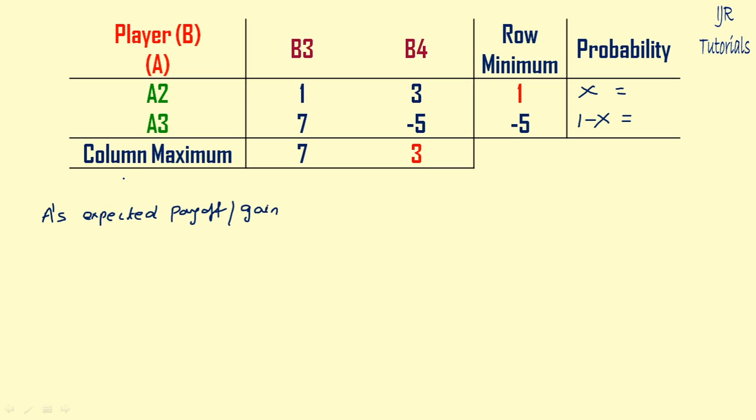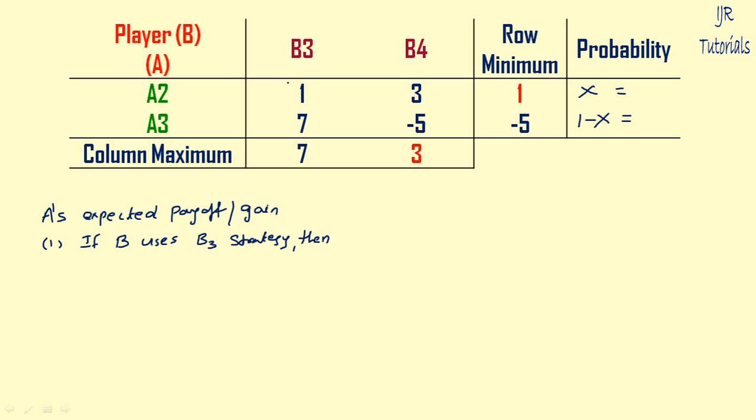That means now we are talking about A. A's gain or loss depends on these strategies, so we need to consider two cases. If B uses the B3 strategy, what happens? Let us check.